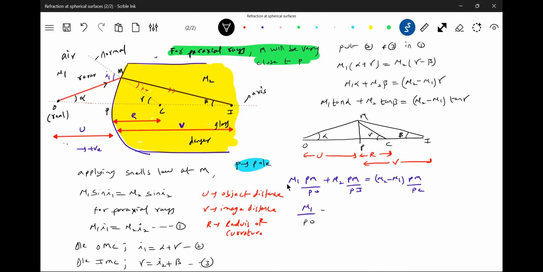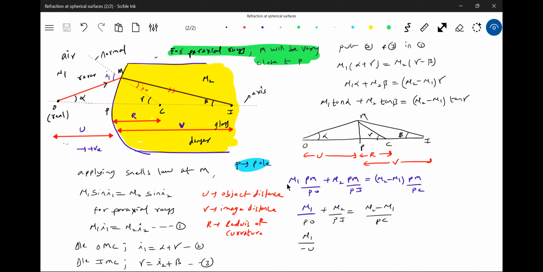So this will become mu2 minus mu1 by PC. What is PO? PO will become the object distance, minus U. Why minus U? Because I should measure the object distance, this is a real object we have kept. Where is the object? The object is in some rare medium, and I'll measure the distance from here. So I'll measure distance opposite to the direction of the incident ray. Any distance measured in the direction of the incident ray should be taken as positive.